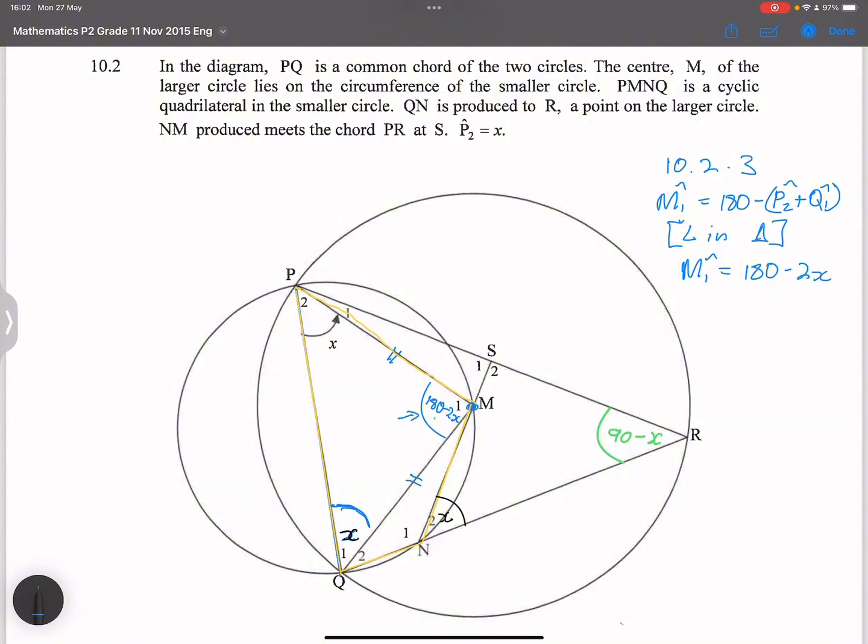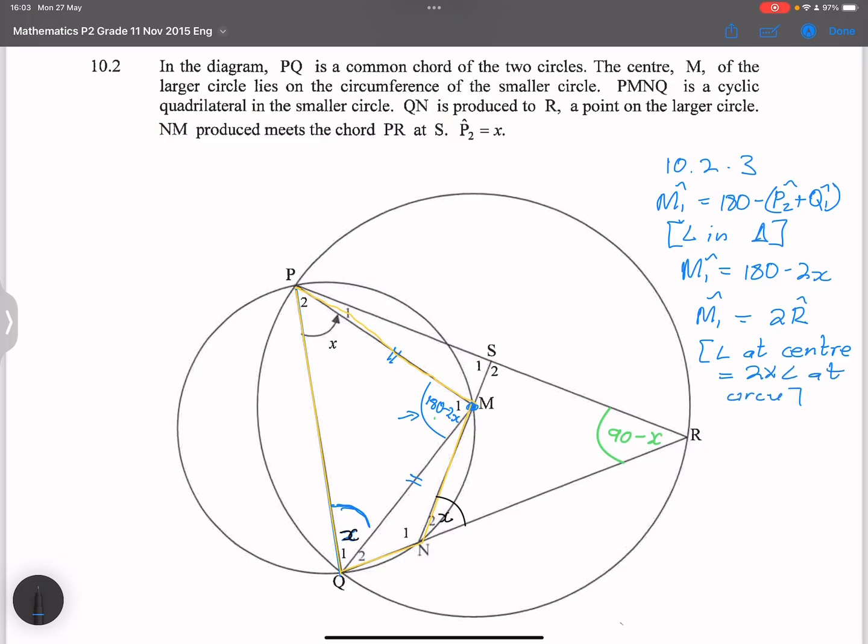So now if I look at angle R, let's write it this way first. M1 is equal to 2 times angle R, and the reason for that is that angle at center is equal to 2 times angle at circumference.